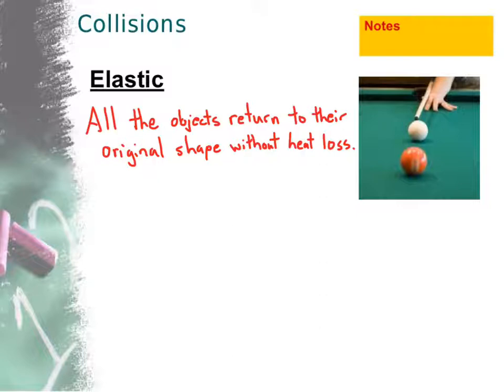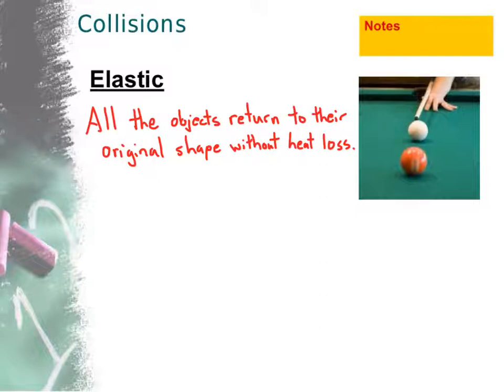Sometimes when two steel balls collide, you can have an elastic collision because they can both recover their original shape without losing heat.